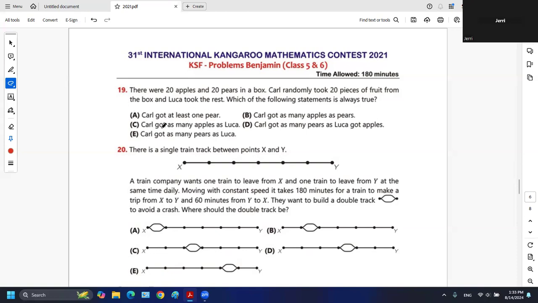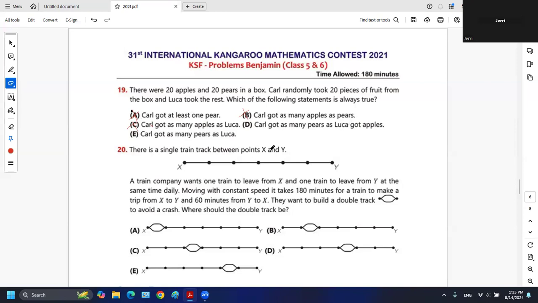So this is not always true. B. Claire got as many apples as pears. That is almost not true, so no. C. Claire got as many apples as Lucas. That's almost not true.